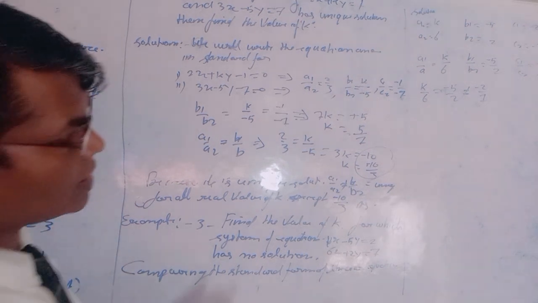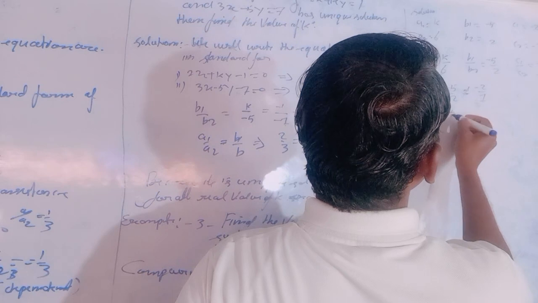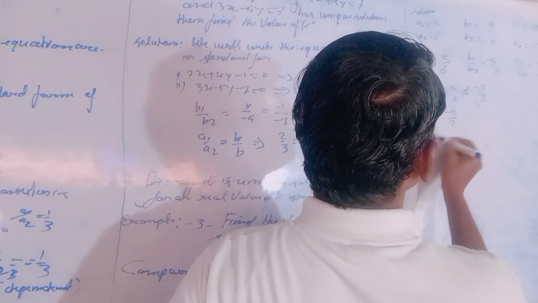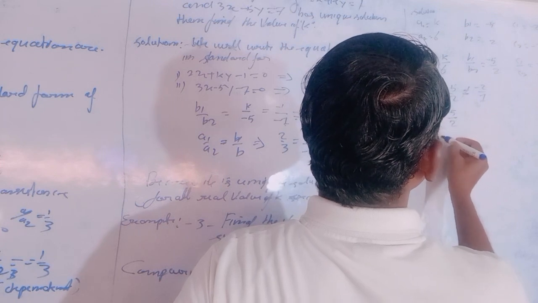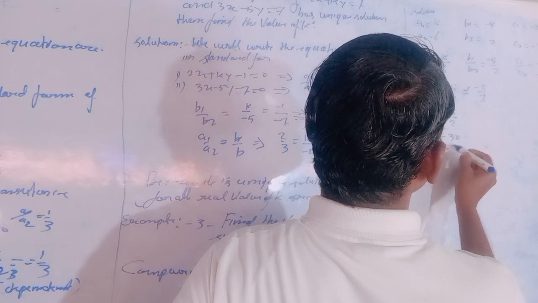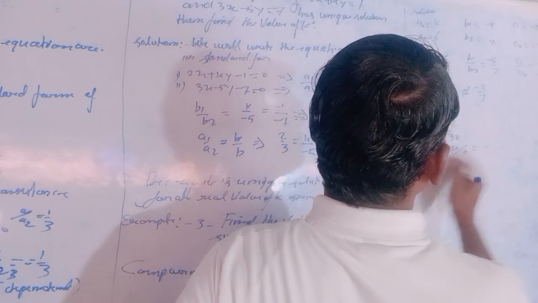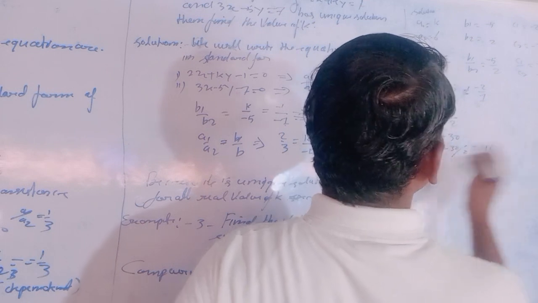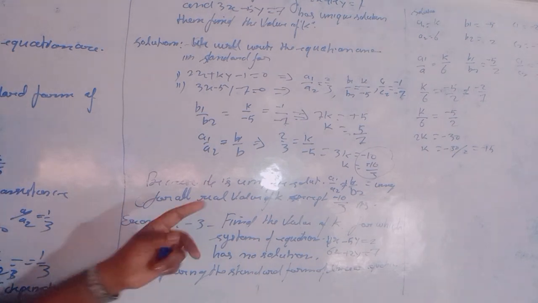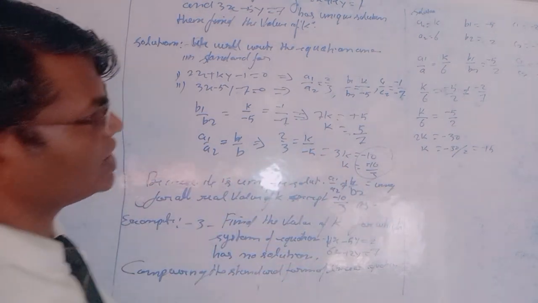So k by 6 is equal to minus 5 by 2. So 2k is equal to minus 30, so k is equal to minus 30 by 2, which is minus 15. Got it? So we have got minus 15.